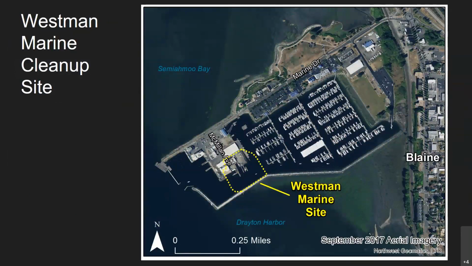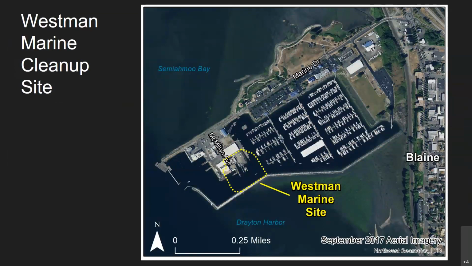The site used to look like the lower right in that particular aerial photograph. You'll see it's just tide flats, tidelands, and that's what the entire Drayton Harbor area looked like 60 years ago. All of this that you're seeing in that aerial photograph has all been constructed. All that marina on top to the right there, and then of course the little island on the left where we're working.